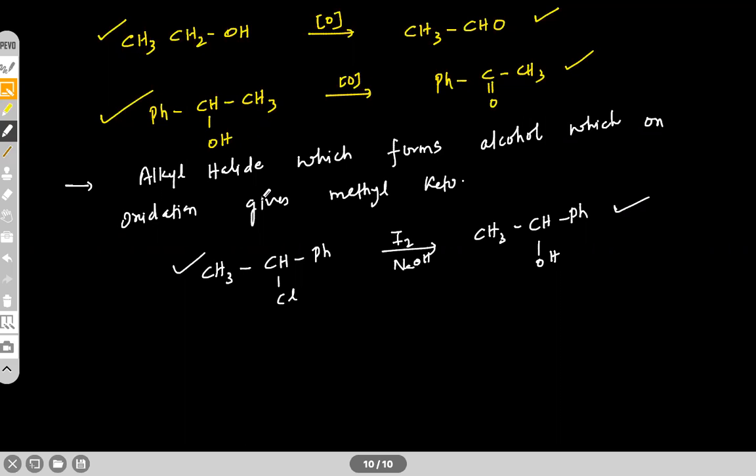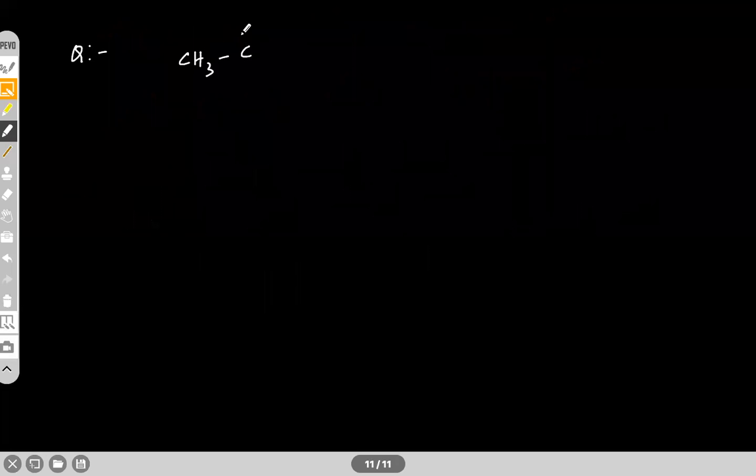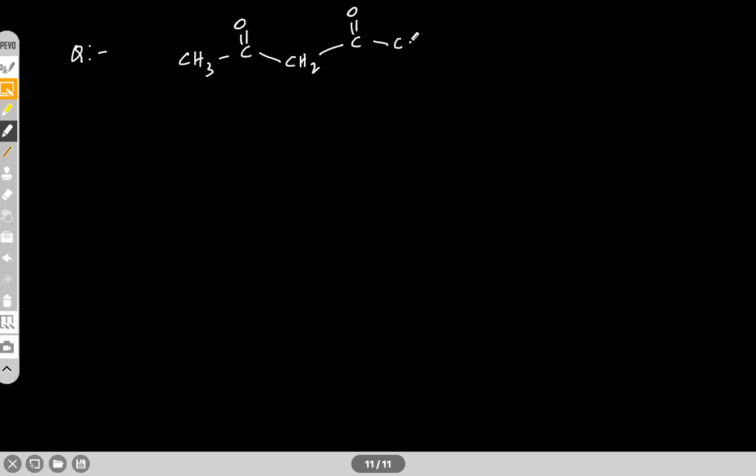Okay, all these reactions are very, very important. I'll give you some more examples here in the iodoform test, some different examples which show the iodoform test. Like you see this one: CH3 C double bond O CH2 C double bond O CH3.